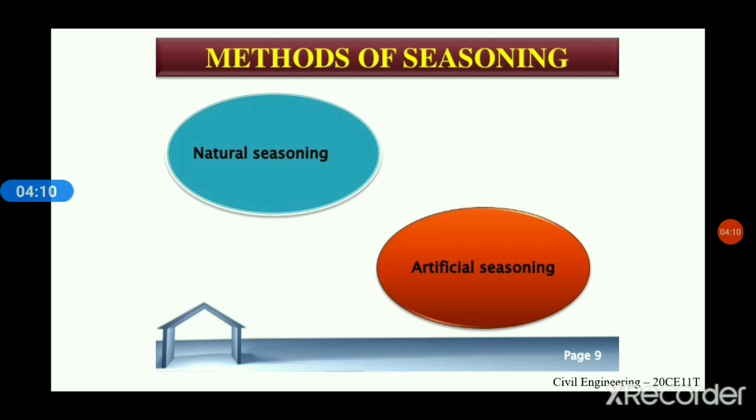Coming to the next slide, we'll discuss the methods of seasoning. There are two methods of seasoning: one is natural seasoning, and one is artificial seasoning, which is a somewhat faster process than natural seasoning. We'll discuss natural seasoning in the next slide.